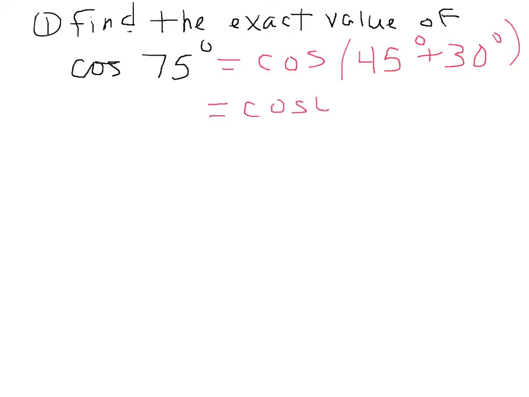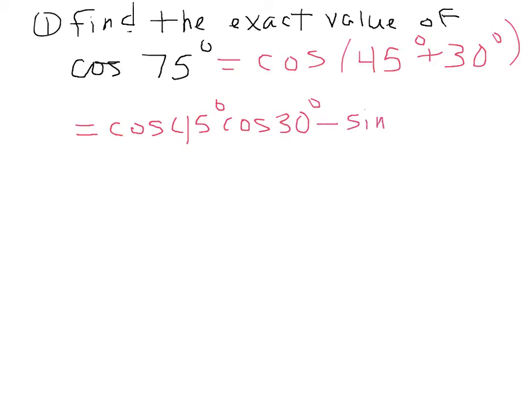So we would have cosine of 45 degrees times the cosine of 30 degrees minus the sine of 45 degrees times the sine of 30 degrees.